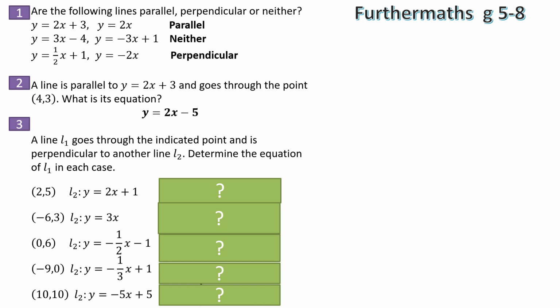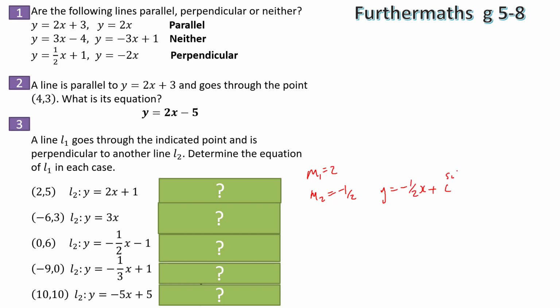So all it's saying is line 1 goes through this point and you've got this equation L2, and I'll go through this one. So you know that m equals 2 in this case, and we call it m1, so m2 must equal minus a half. So you've got y equals minus a half x plus c.